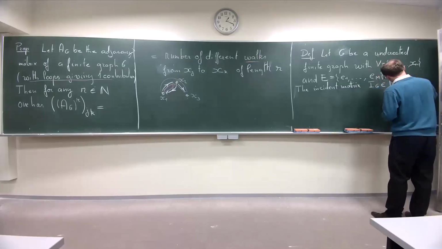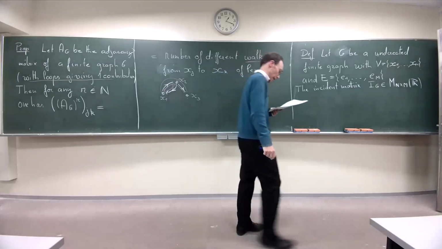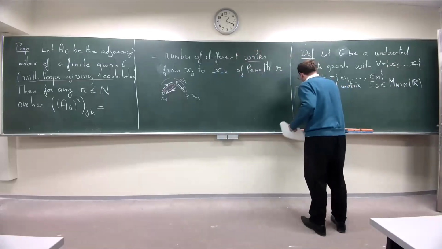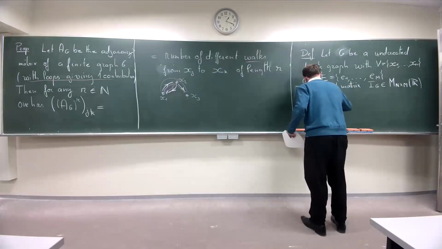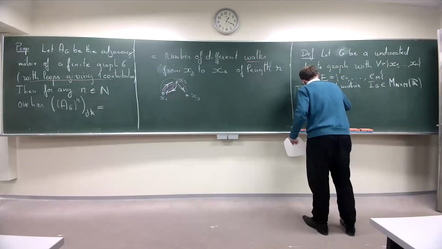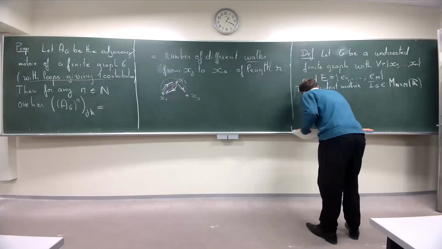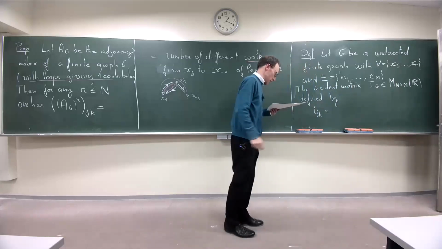It's an N times M matrix over R, so not square in general, defined by the entry JL of this matrix.